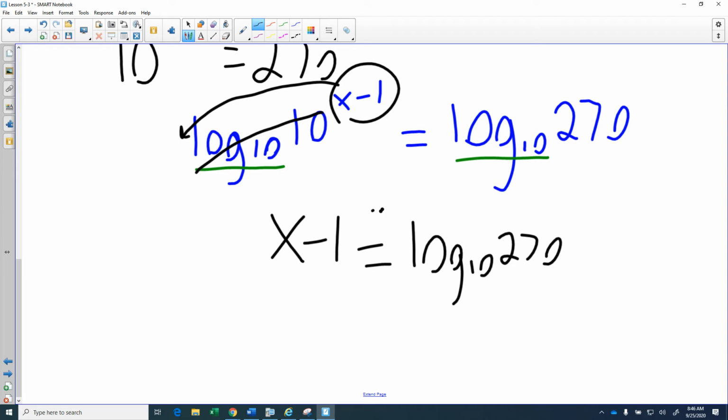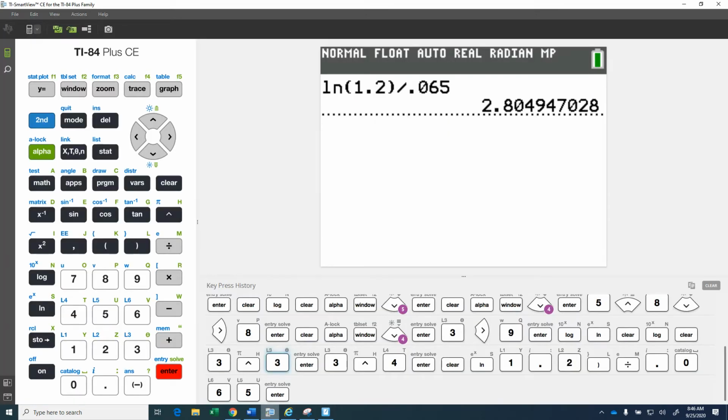My last step would be to add the 1 over to get x equals log base 10 of 270 plus 1. So then my process here would be the same thing. I'm going to go to the calculator. In this case, I don't need to actually plug in a base. Once again, if I just hit log in the calculator, that represents log base 10.